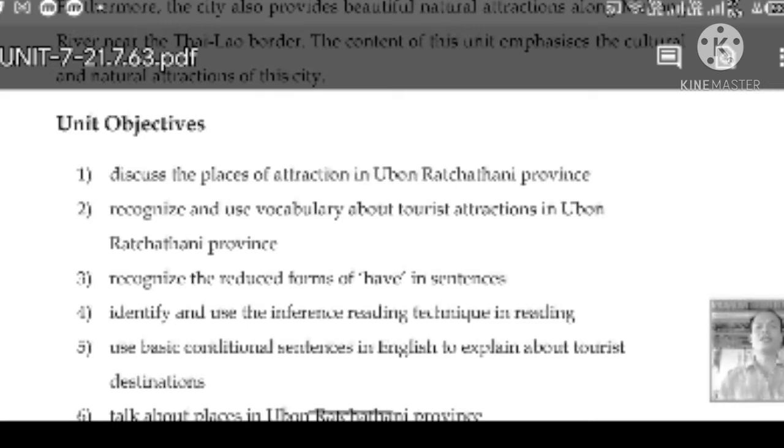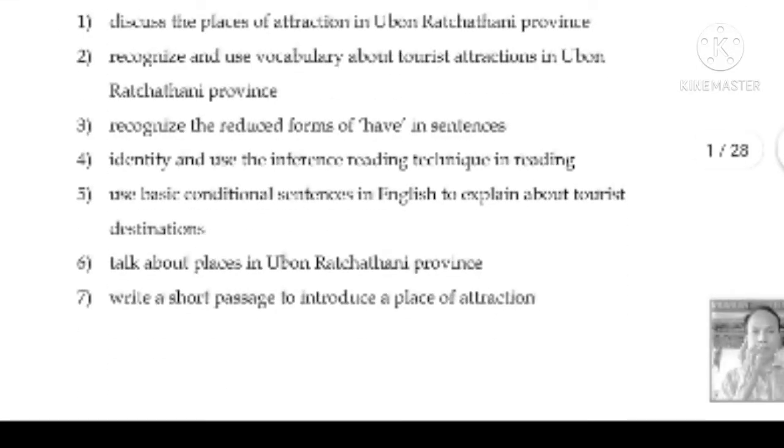But before using it, we have to learn some grammar, some rules, to make sure what we communicate is effectively correct in terms of grammar, so it attracts people as well. So we have to remember that, and also understand some basic rules like conditional sentences when we explain tourist attractions or destinations in the city.